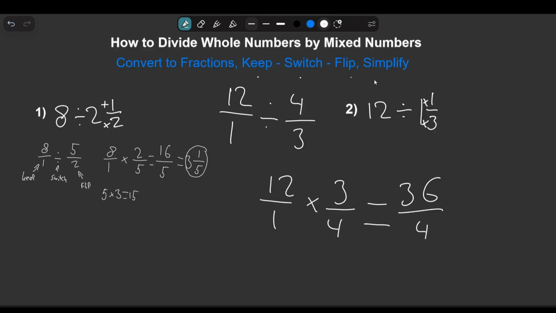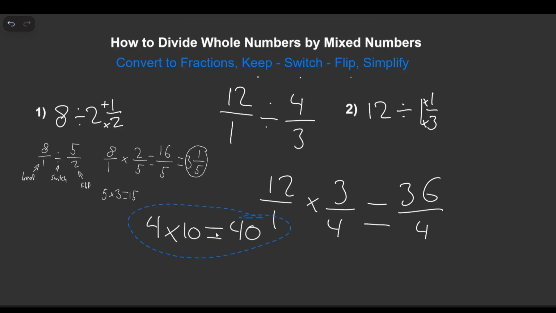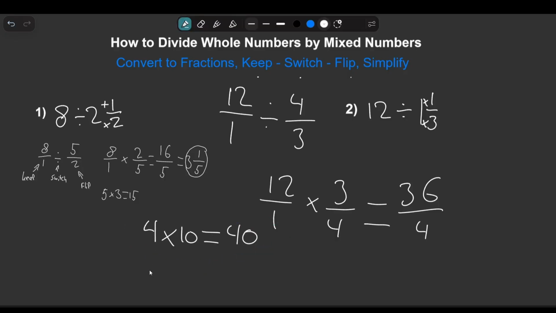Now for the last step, we're going to simplify. So the first thing we do is we look for any whole numbers. We don't have any, so we're going to look at how many times does 4 fit into 36. Well, 4 times 10 equals 40. So with this information, we can find out how much 4 times 9 is.